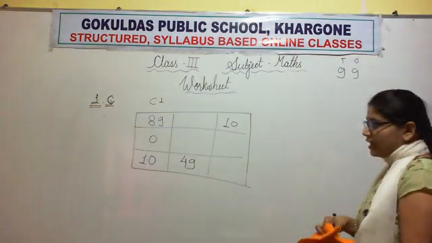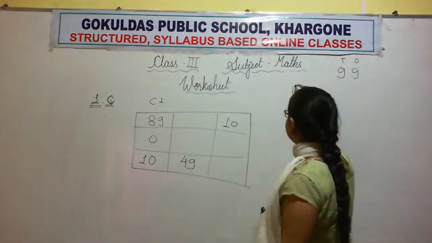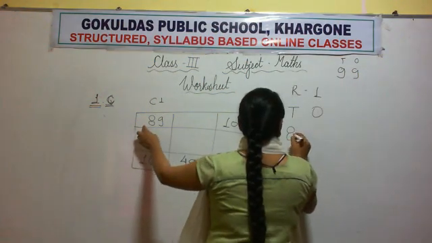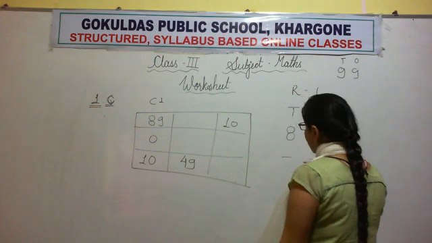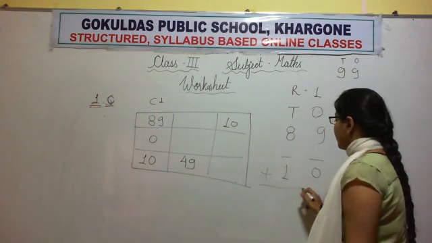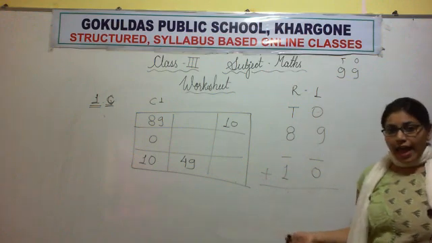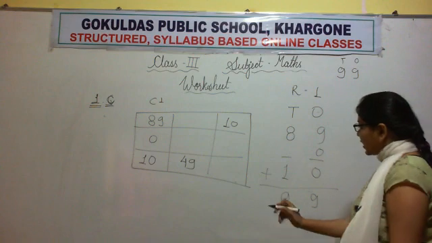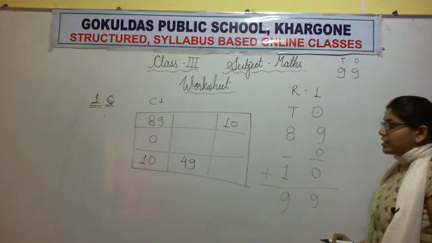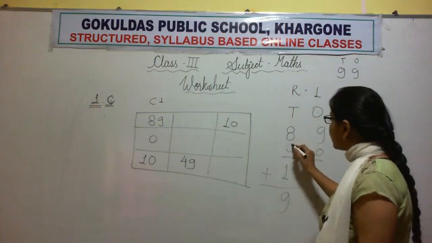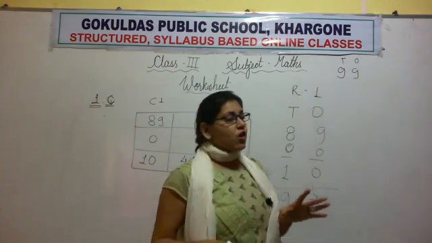Now we will deal with row 1. 89, then the number we have to find out, and then 10 is there. So 9 plus 0 is 9, and whenever we add another 0, the number will remain 9 only. 8 plus 1 is 9, so again we have to add 0 because the sum is 9 already.